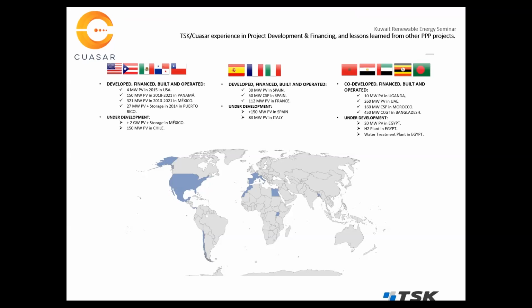In that period, we also started to develop other technologies, especially CSP plants. We also developed in the south of Spain a 50 megawatt CSP plant, the same size as the one in Shagaya. We started to develop it in 2010, and the project entered into operation in 2014.